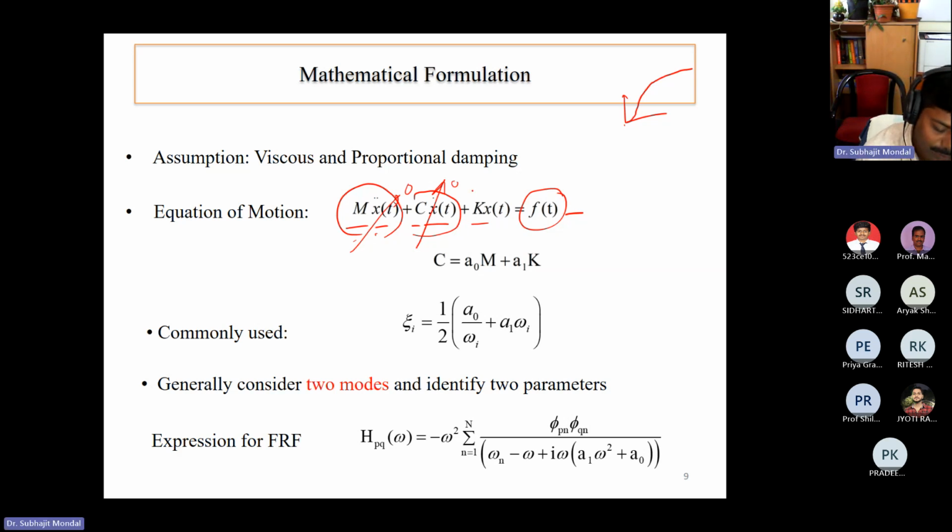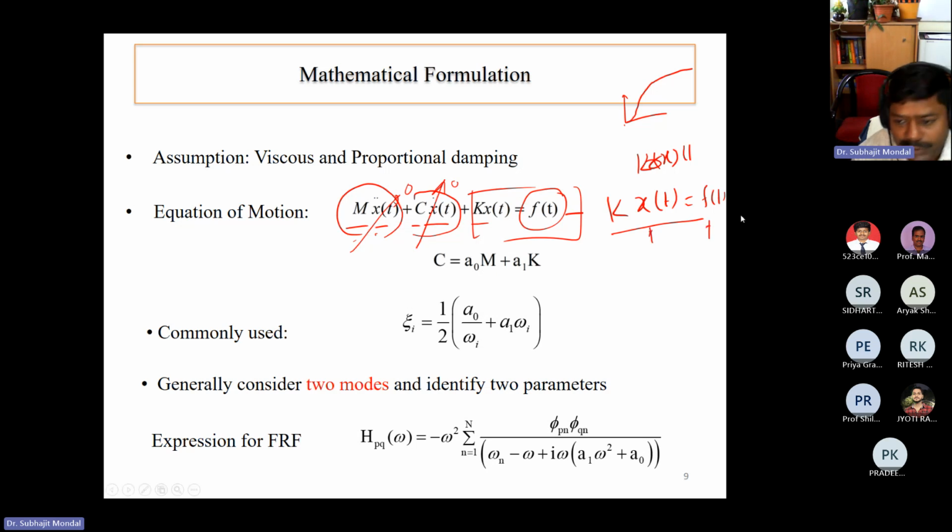In that case, we normally solve k x, which is a function of t, equal to the forcing function, which is also a function of time. So here we are solving the equation where x and force, that is displacement and force, are both functions of time. So the statement that static tests are those in which load is constant is theoretically correct.